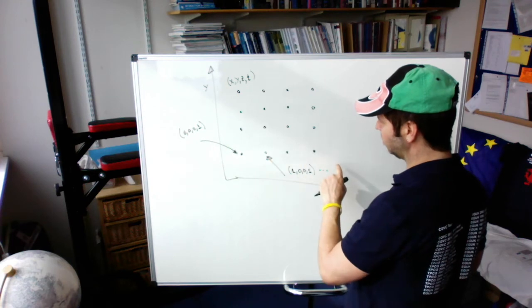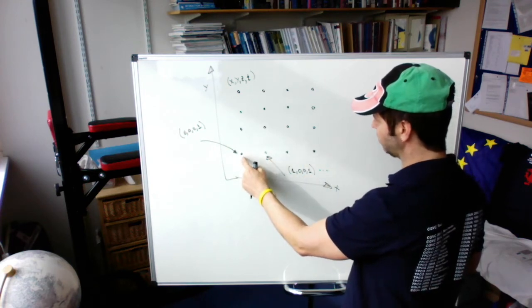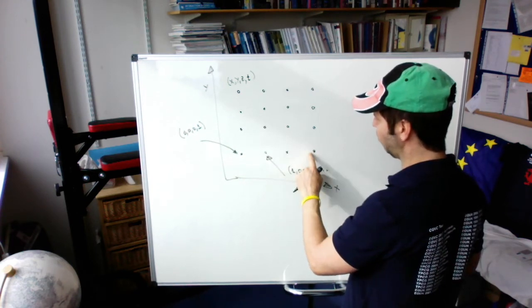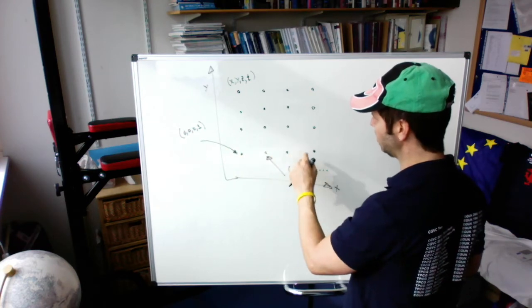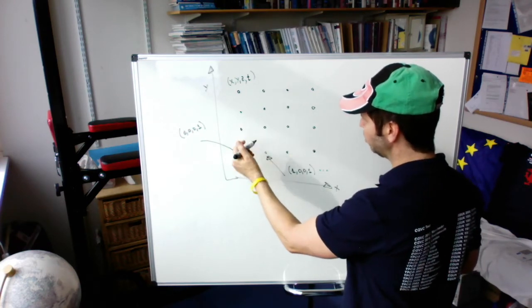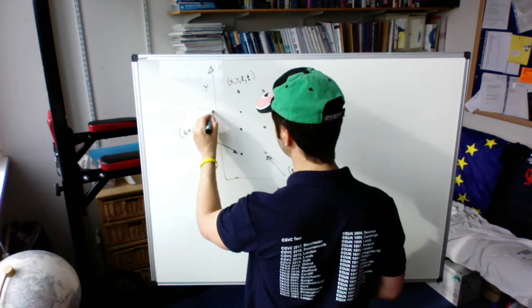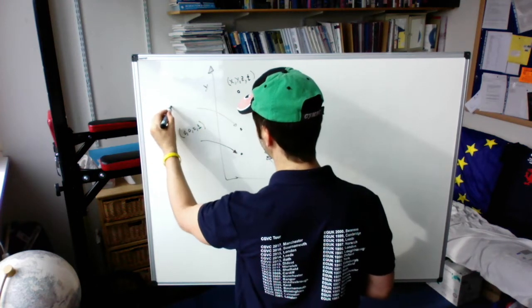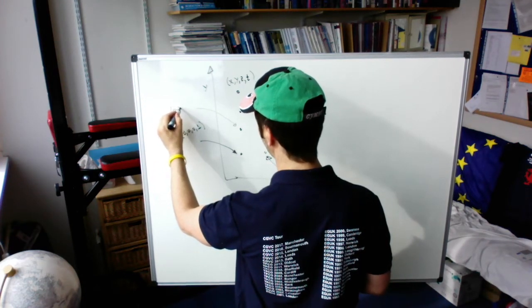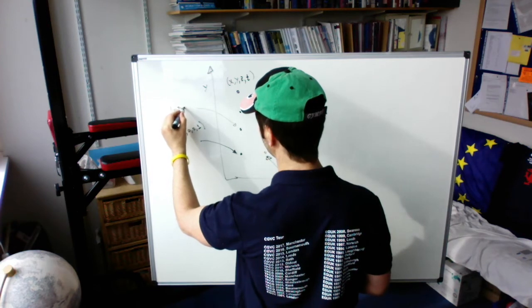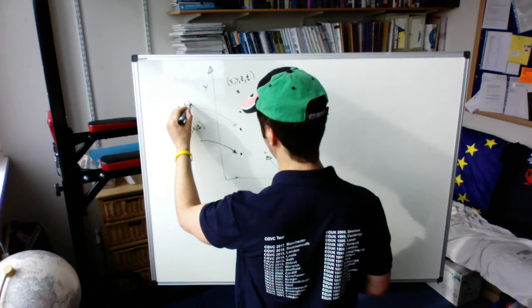So the X component goes 0, 1, 2, 3, and then you move up to the next row, right? And that would be 0, 1, 0, 1.